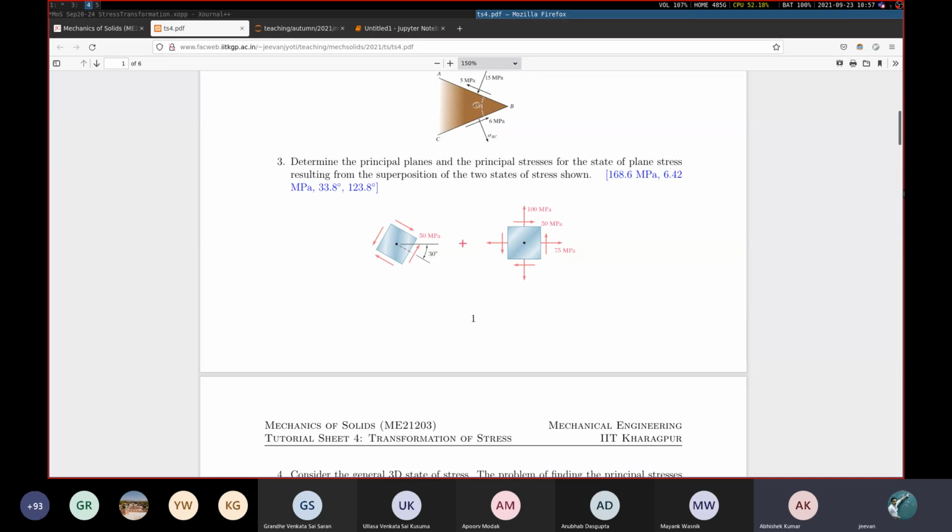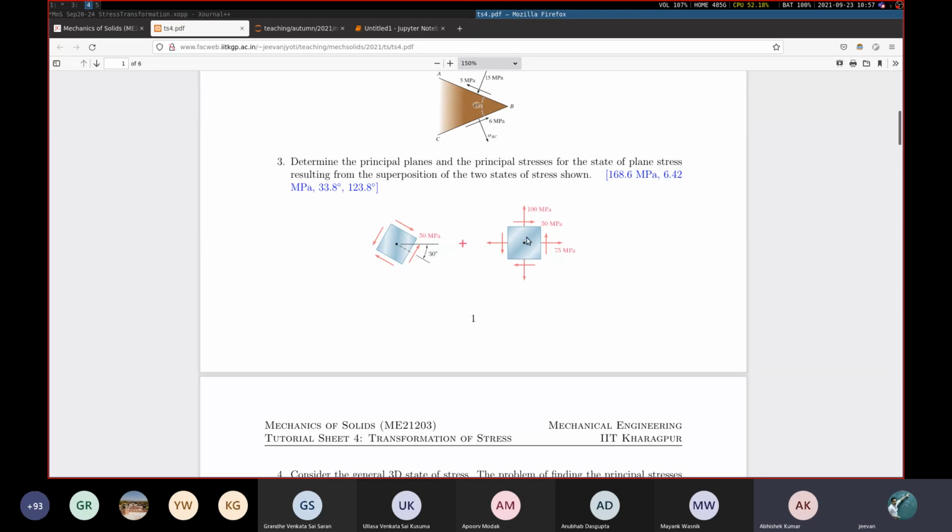Determine the principal planes and the principal stresses for the state of plane stress resulting from the superposition of the two states of stress shown. So you have one state of stress like this and another state of stress where the stress element is arbitrarily oriented. Please note that this black dot is the same black dot.